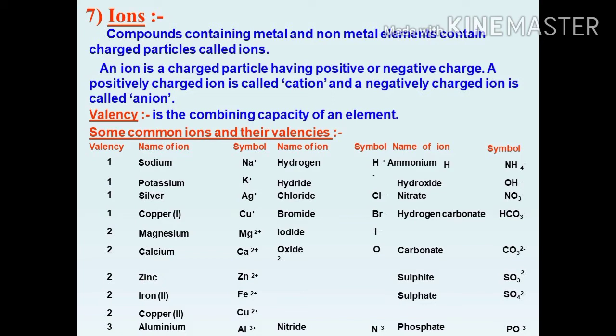A group of atoms carrying a charge is known as a polyatomic ion. Underline this point. What is a polyatomic ion? A group of atoms carrying a charge is known as a polyatomic ion.